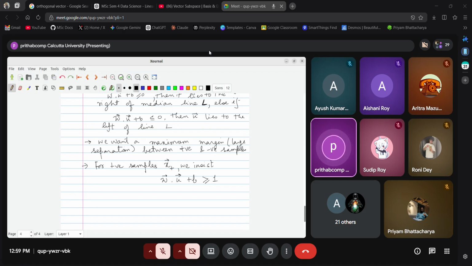Why did we make it 1 instead of 0? Because we want a large margin. We call this equation 2.